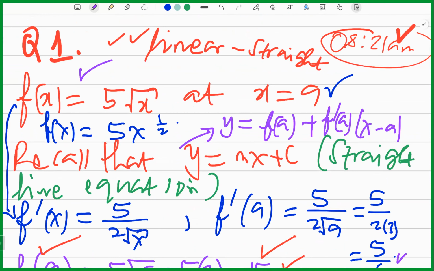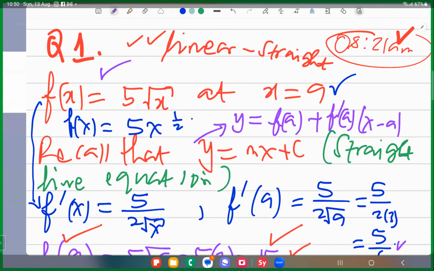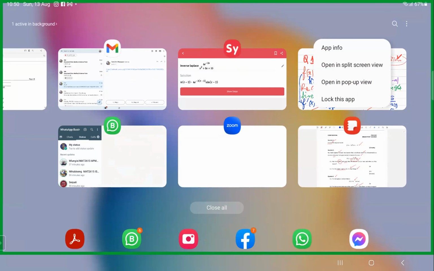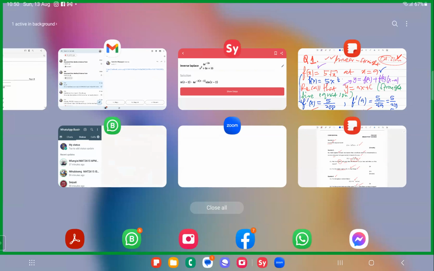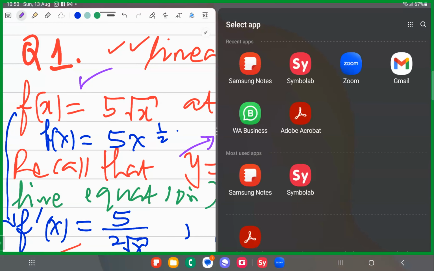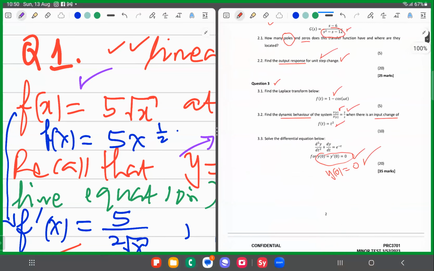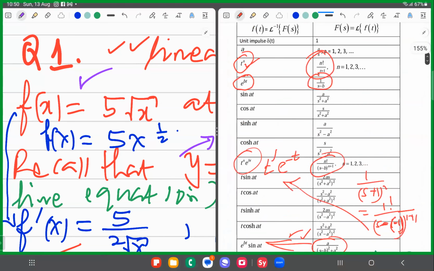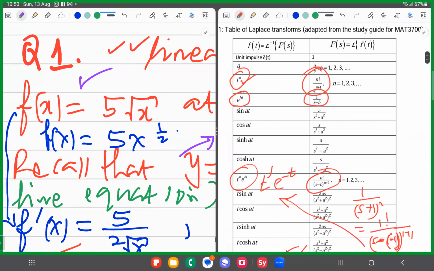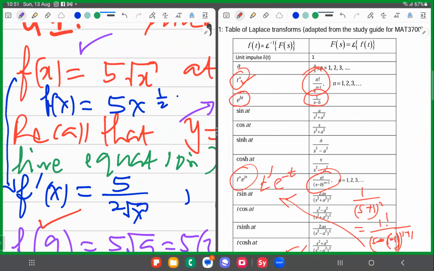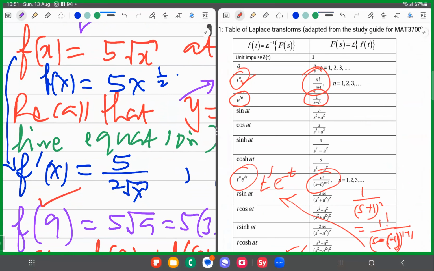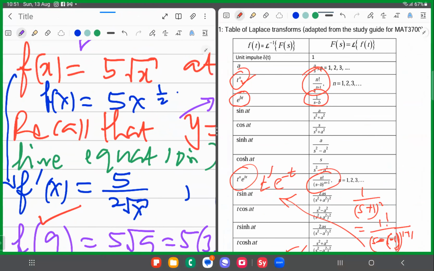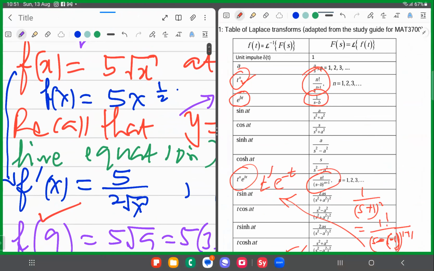Okay, to conclude my discussion, I refer back to the table again. I'm going to open the table, so you would remember the table there. We're just concluding our discussion. Right, let's see what we do now.